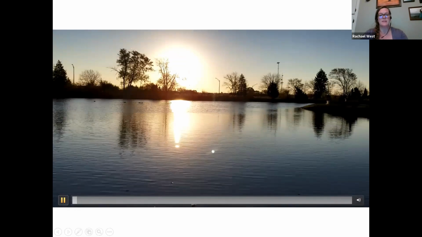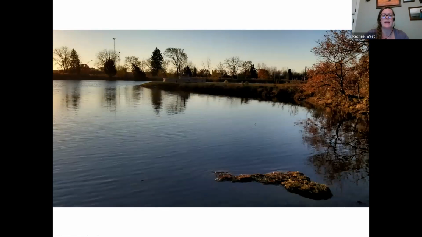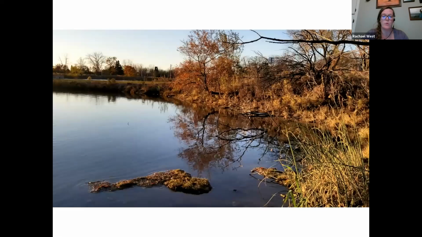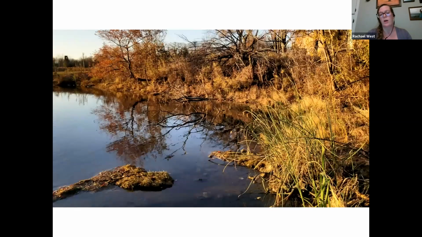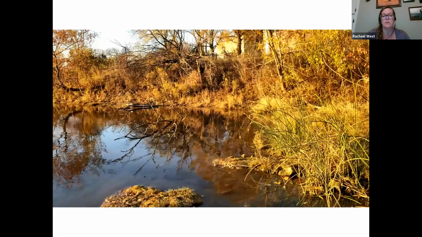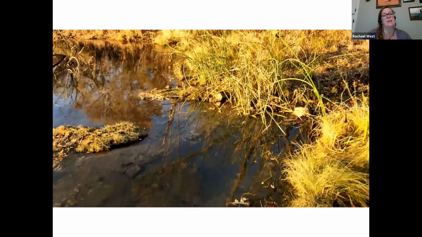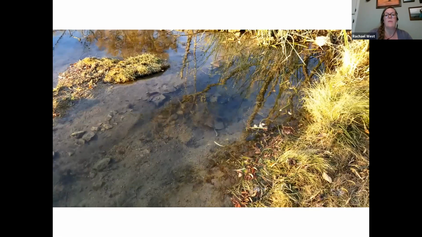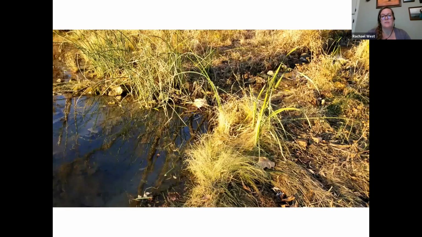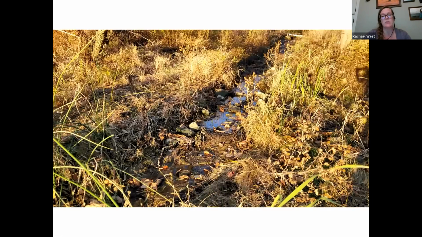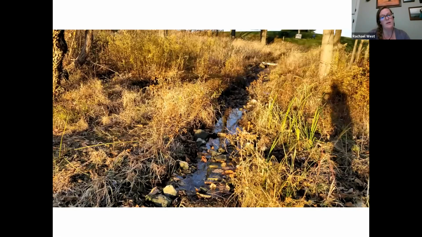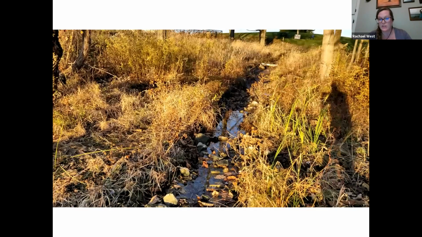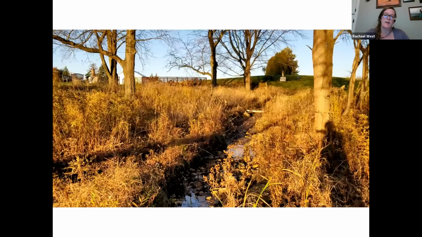So this is a detention basin that we're looking at here. And as I'm moving the screen in more, this is where the stream enters the detention basin. And notice you're seeing the water now. You're also seeing my shadow walk up the creek.